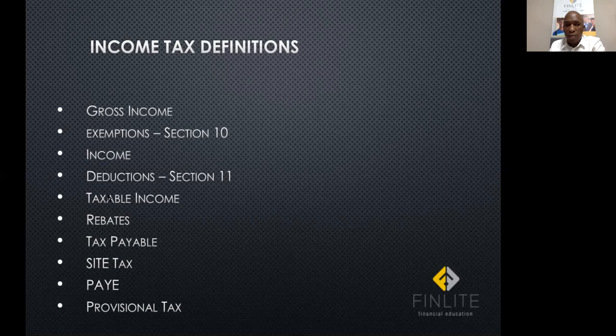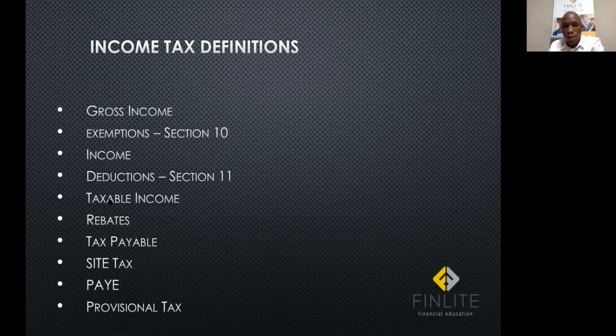This taxable income determines the bracket, or the percentage, at which you are going to be taxed. So it means the more the exemptions, the lower your income, and the lower your income, which is then reduced further by deductions, the lower the taxable income.